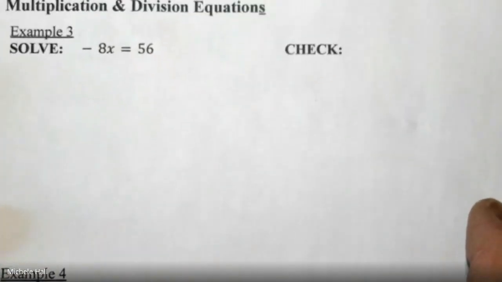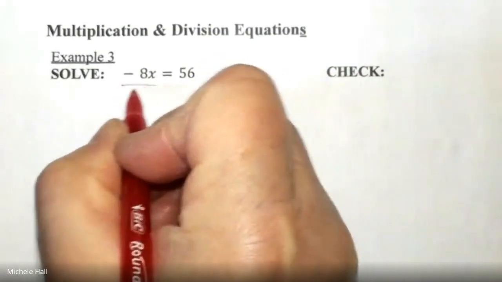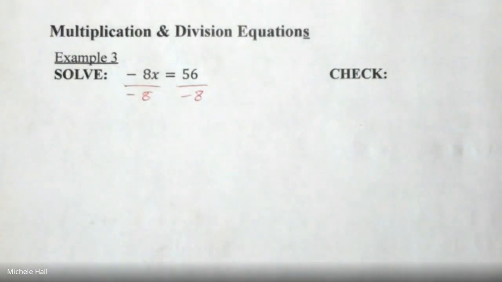Okay, on the back side, multiplying and dividing equations. -8x equals 56. What's being done to x? X is being multiplied by -8, and the opposite of multiplying by -8 is divide by -8. Use the fraction bar. We don't use the elementary symbol. Fraction bar means to divide.